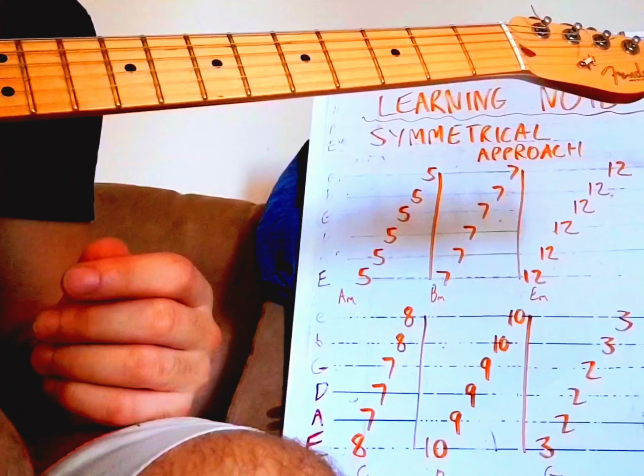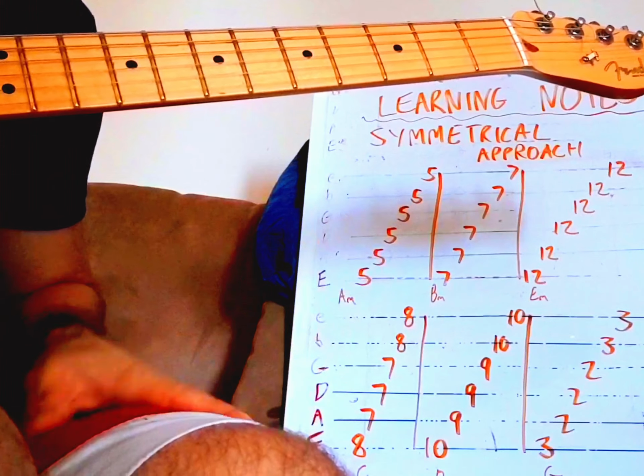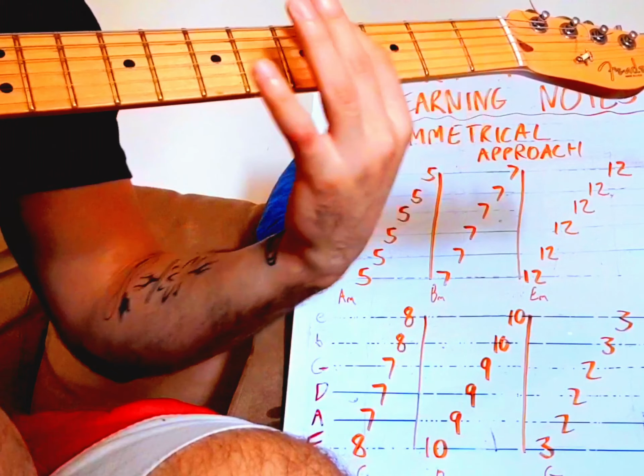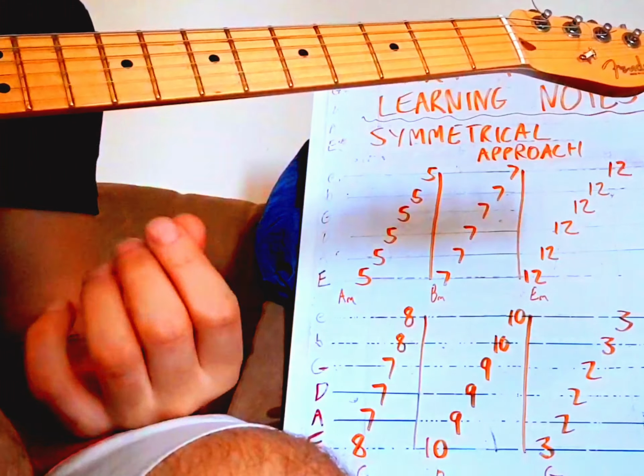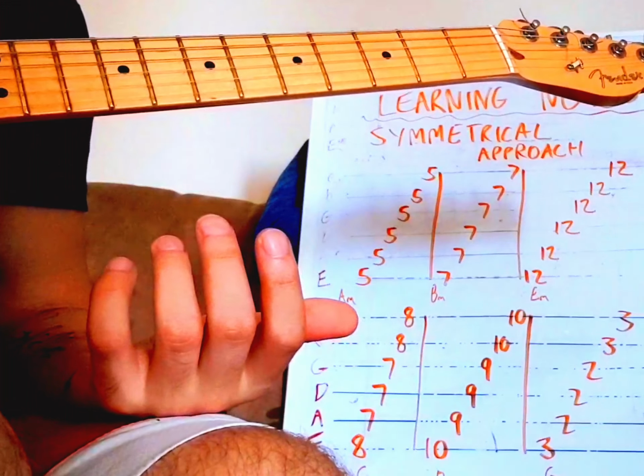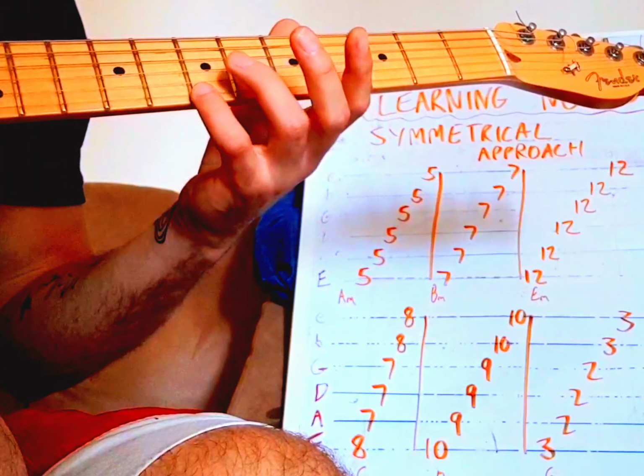So even just that in itself can be a bit of a revelation. Whatever key you're in, you go up 2 frets, go up 2 frets. Visually, that's really easy to remember and really useful.